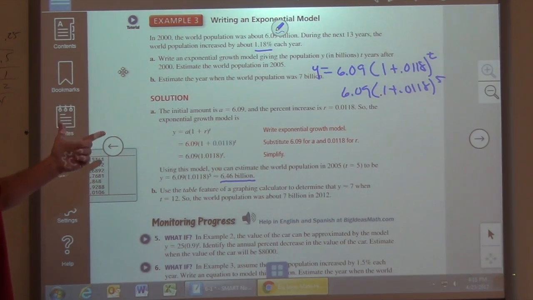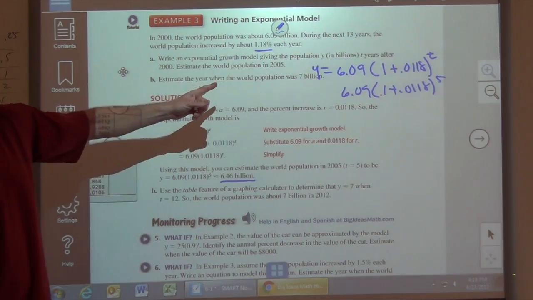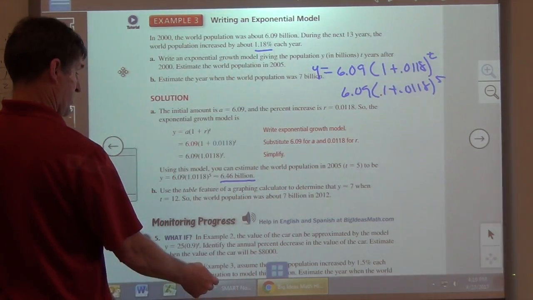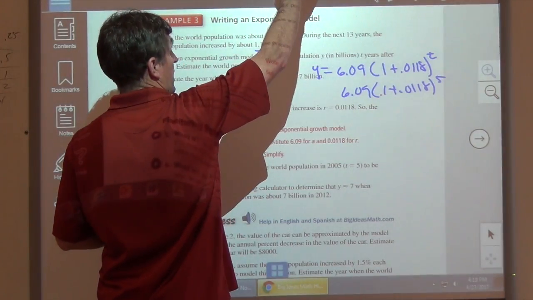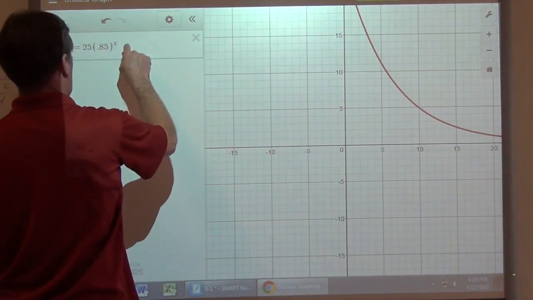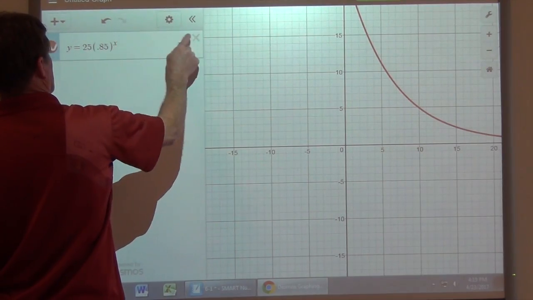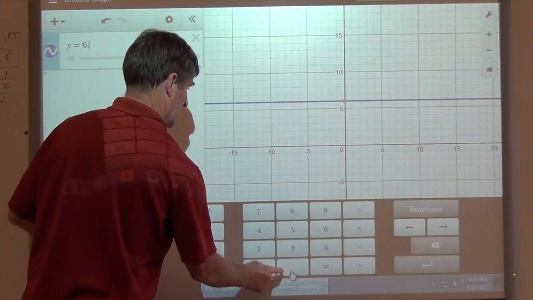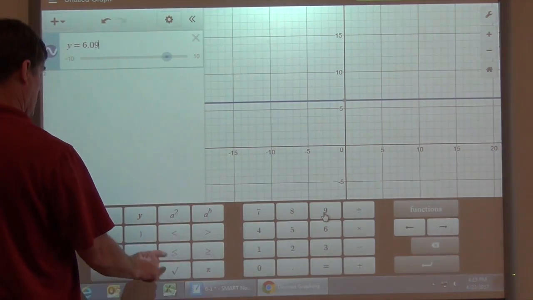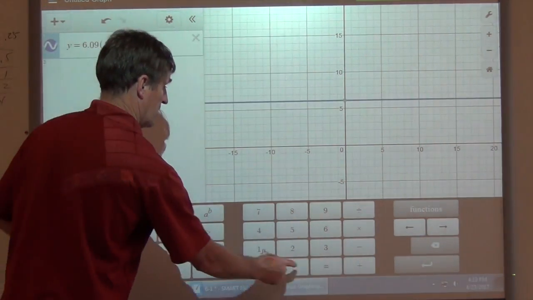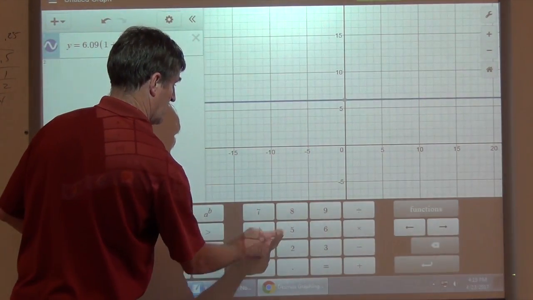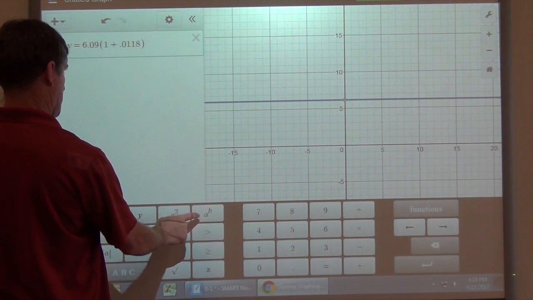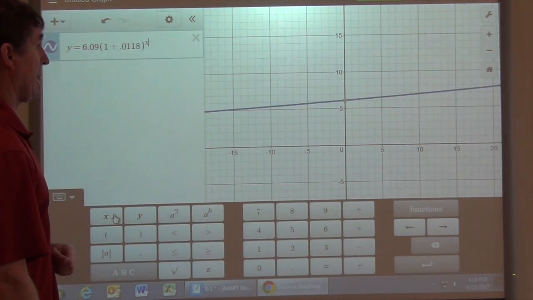Then it wants us to estimate when it will get to 7 billion people. So again, now if we go to the calculator, 6.09, so we can get that graph.